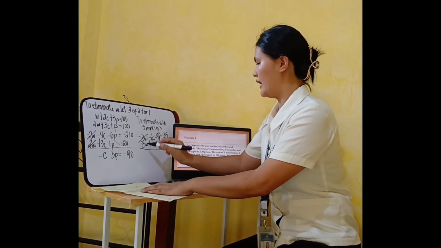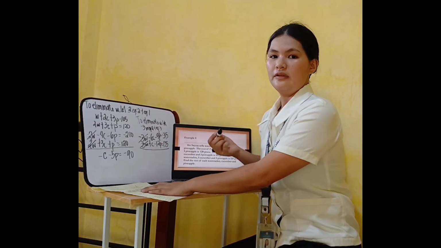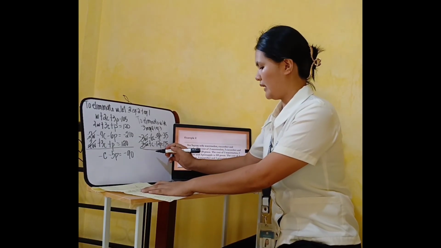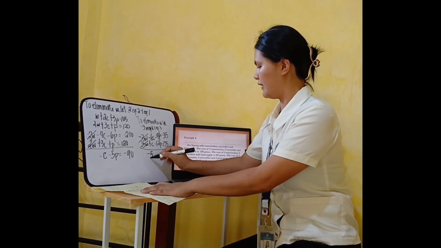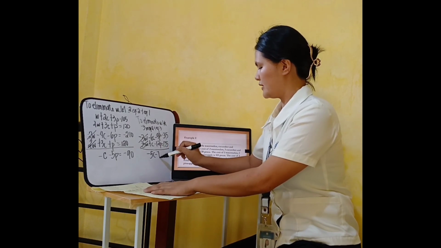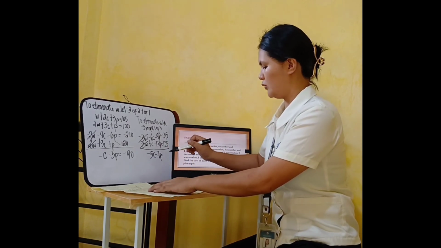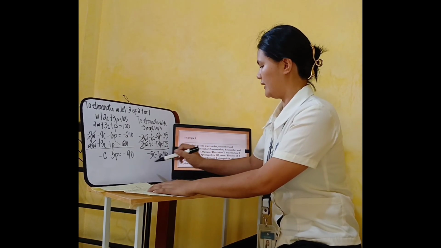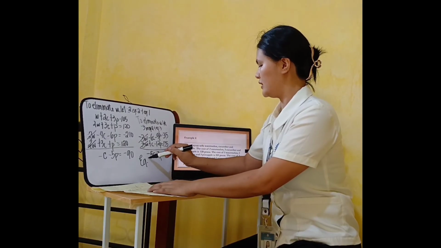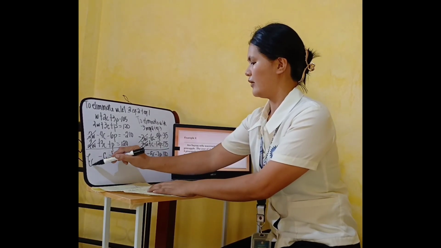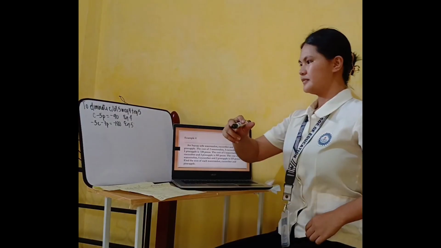So cancel out yung variable W and that would be negative 5C minus 7P is equal to negative 180. So this is our equation 5. This is our equation 4.